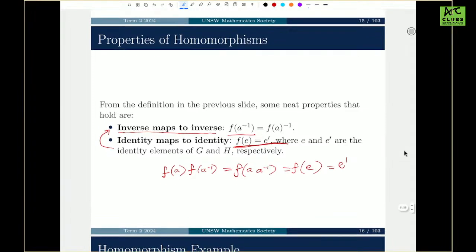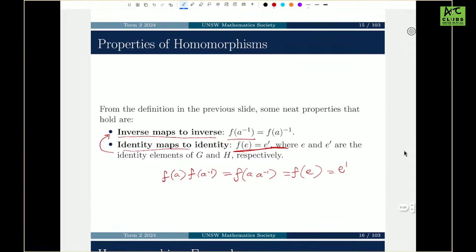Okay, we can show that the identity maps to identity like so. So f of E equals f of E dot E. You can do that with the identity.